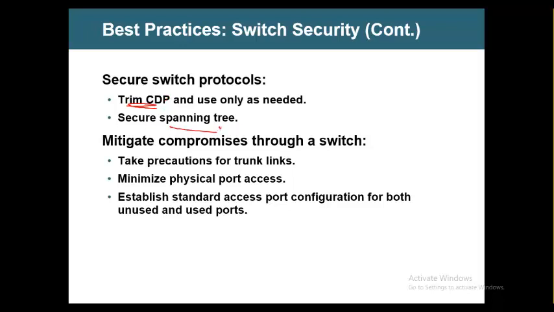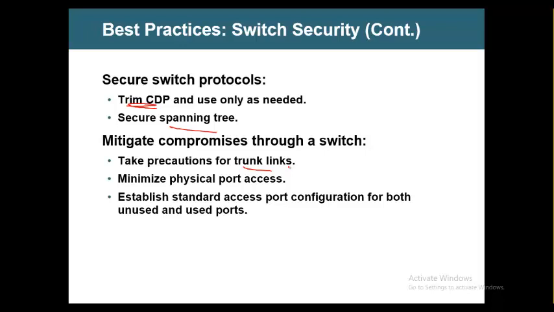Spanning tree, how to secure it against attacks based on BPDUs. Mitigate compromises through a switch. So through a switch also someone can cause damage, so we have to take precautions for trunk links.